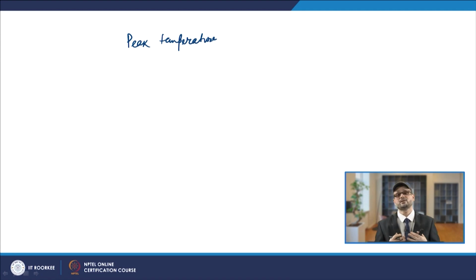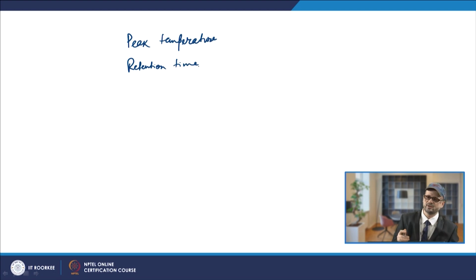Another important parameter is the retention time. Retention time means when you go to the peak temperature, how long you stay at that temperature. In welding that is very little; we are not staying at that temperature.